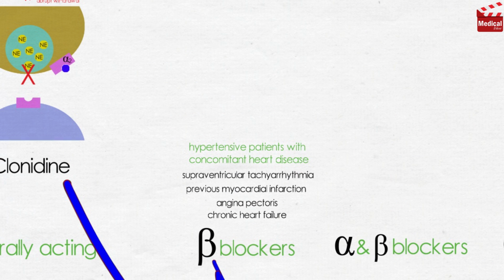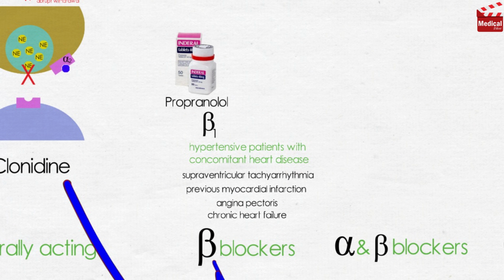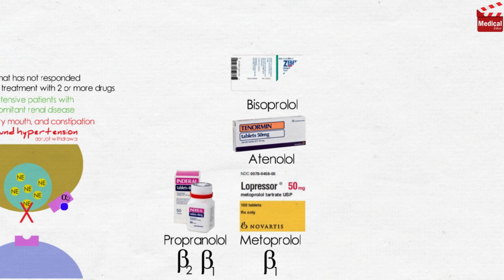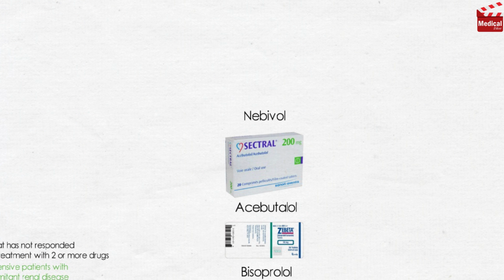The prototype beta blocker is propranolol, which acts at both beta-1 and beta-2 receptors. Selective blockers of beta-1 receptors, such as metoprolol, atenolol, bisoprolol and acebutolol. Nebivolol is a selective blocker of beta-1 receptors, which also increases the production of nitric oxide, leading to vasodilation.